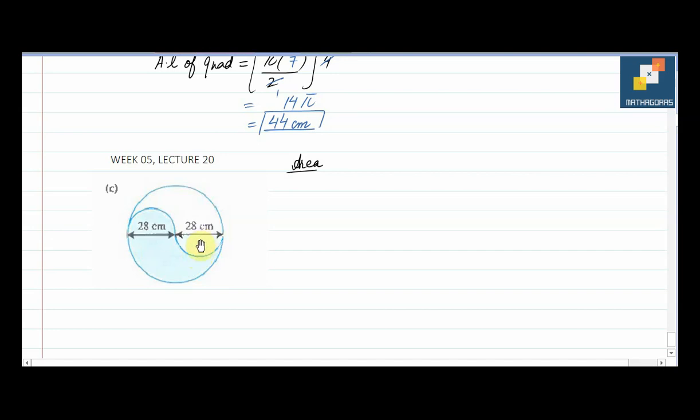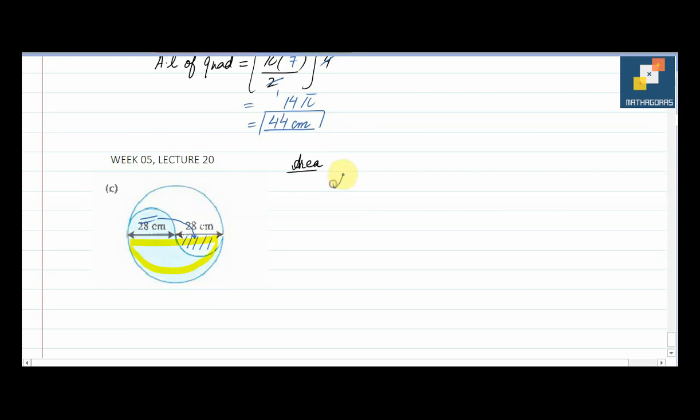These two areas are exactly equal. So in your mind, if I switch this area over here, this portion is now shaded and that is unshaded. There is no shading, so the shaded part is now the semicircle only.